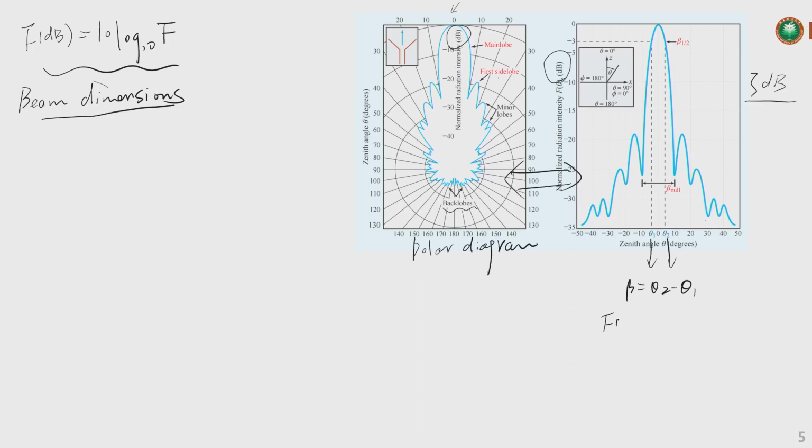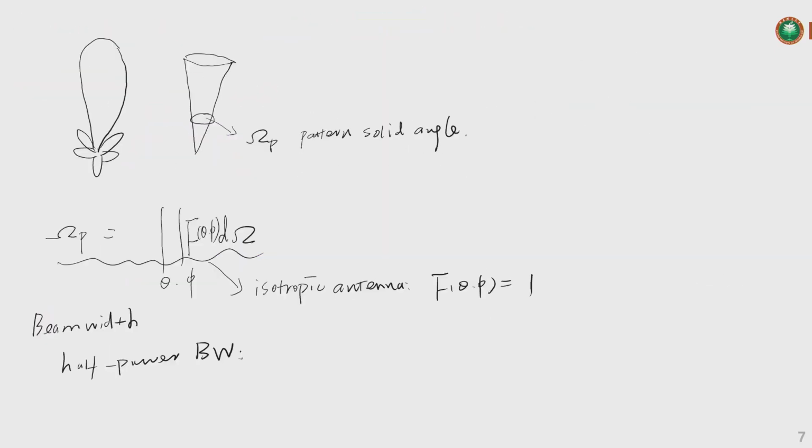For example, at theta 1 and theta 2 the pattern equals 1/2. Here we choose maybe phi equals 0, so it doesn't matter. So we get the half power beam width, or we can also call it the 3 dB beam width.